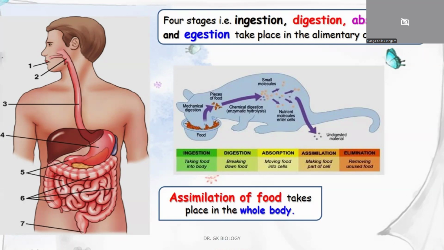Here you have to remember that ingestion, digestion, and absorption take place in the alimentary canal, but assimilation of food takes place in the whole body. That means we cannot say exactly one place to observe utilization of the food; each and every part of the body needs the food. That's the reason assimilation of the food takes place in the whole body.